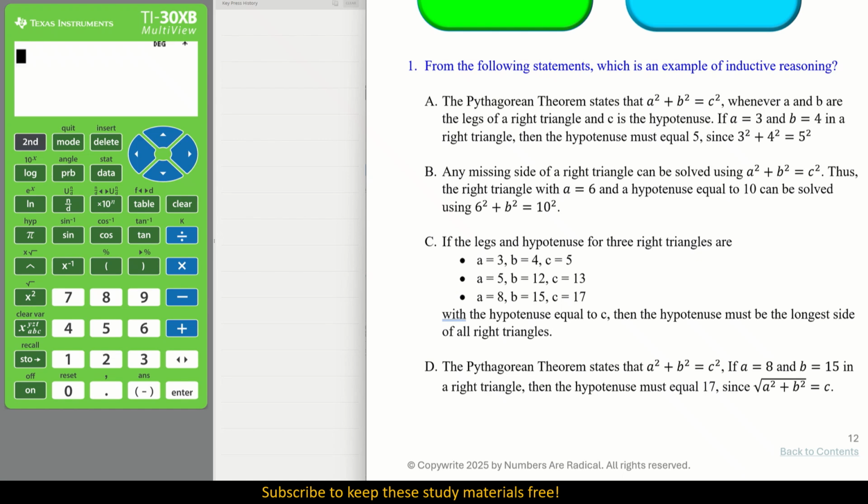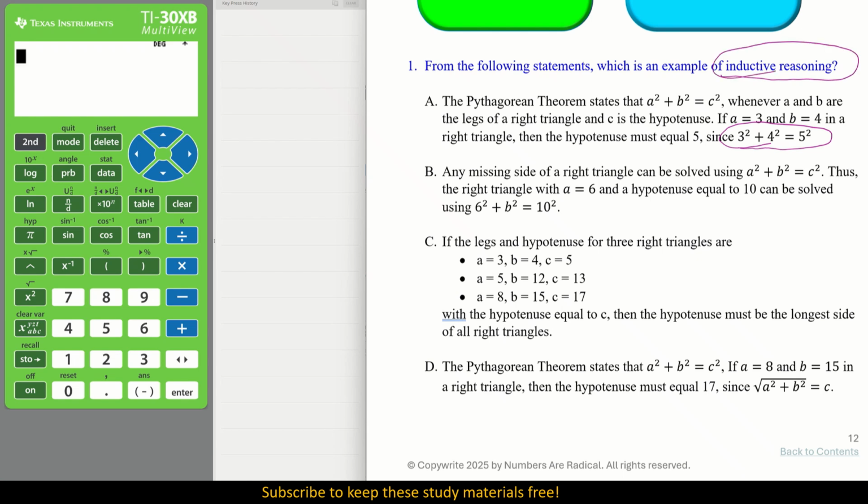All right, so let's look at A. Immediately, that flags as deductive. It says Pythagorean theorem. That's a formula. And then at the end, it gives numbers for a specific formula, which is your 3, 4, 5 triangle, your first primitive. So no, that is not inductive.